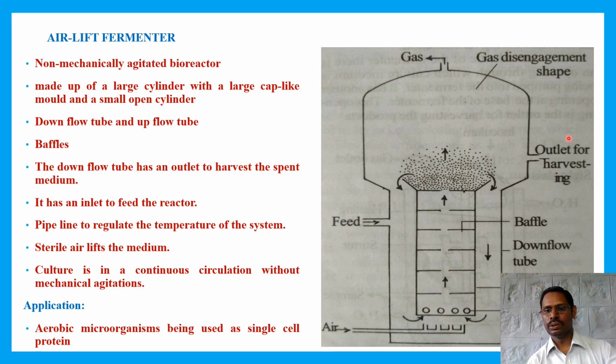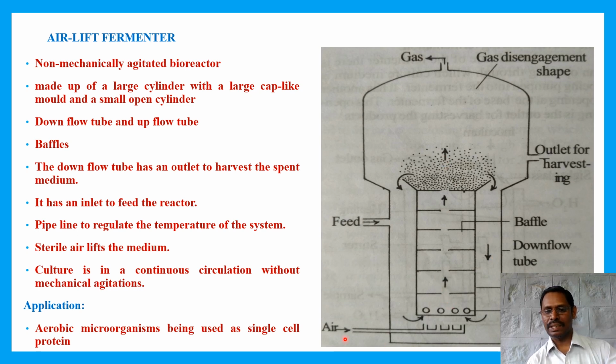So there are two vessels, the outer tube and the inner tube. The outer tube is known as the downflow tube, and the inner tube is known as the upflow tube.